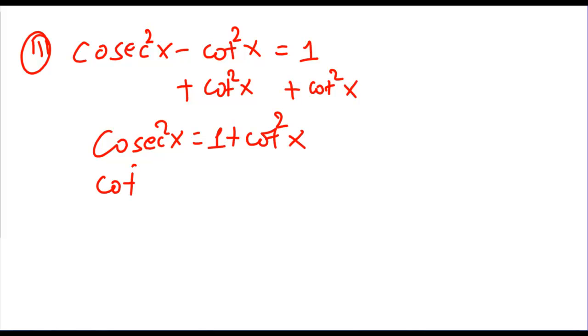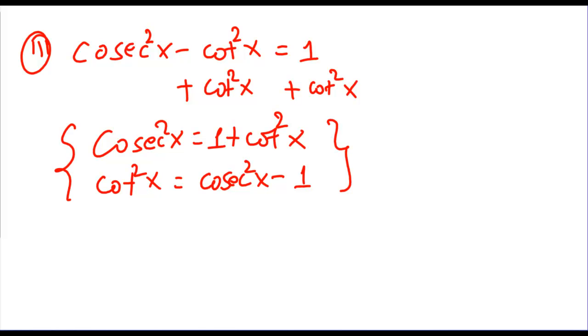Similarly, cotangent square x becomes cosecant square x minus 1. So we got a couple different important identities that we use a lot when we solve problems in trigonometry.